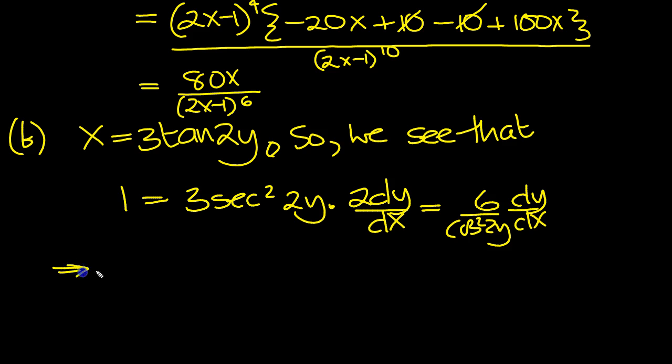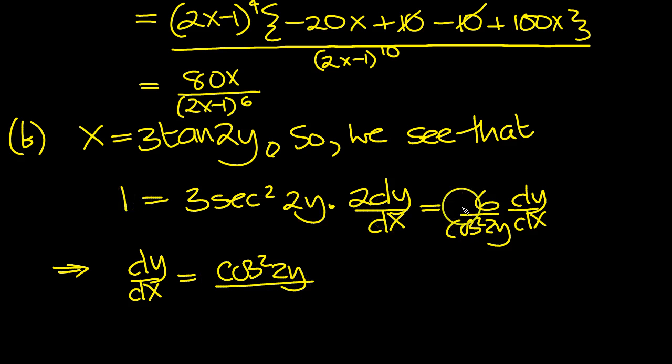So that tells us then dy/dx is equal to cosine squared 2y over 6, and we can actually write that as 1 over 6 sec squared 2y.